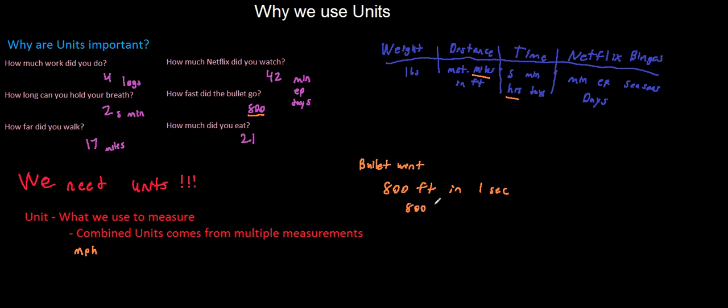Well, we mean 800 feet over a period of time of 1 second. This just becomes a math problem. What's 800 divided by 1? Clearly it's 800. But what is feet divided by seconds? You can't really divide feet by seconds. They're not like terms. So you would just leave it as feet per second. And that's where combined units come from.